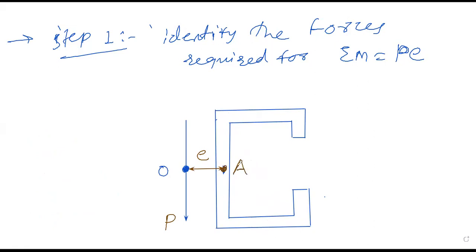We need a reference point because we have to take the moment of P into E. Each part will have some shear flow, some shear force. About which point will we take the moment? About point A, that is the reference point, and at the same point your P into E moment will act. Summation M is equal to, moment of shear center is equal to P into E. So P into the location of shear center E about A is equal to what? We take the moments of the forces and shear flow in each part about point A.